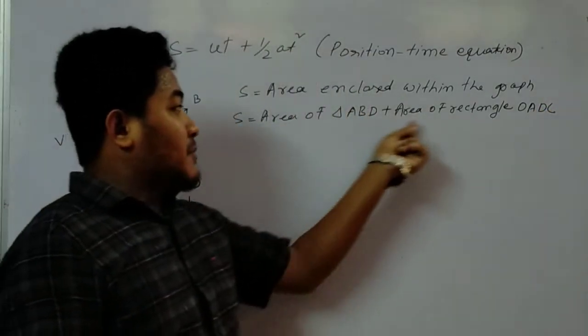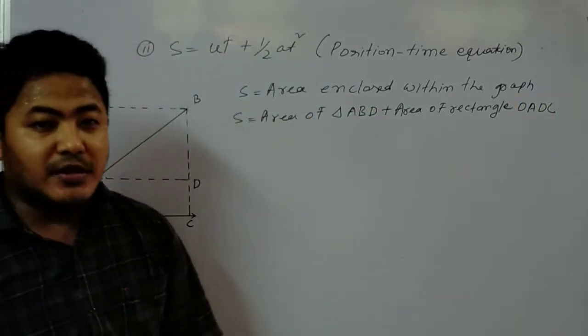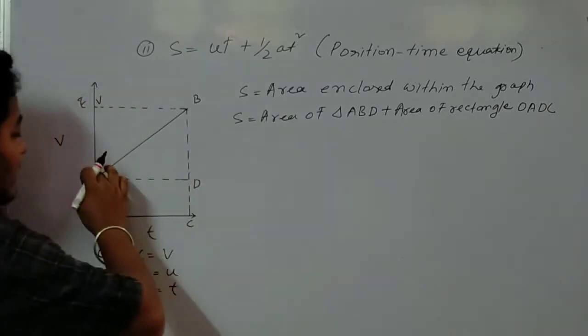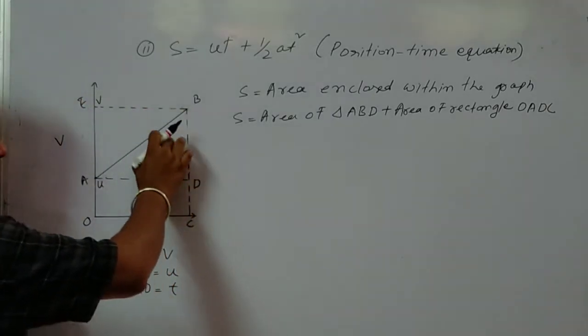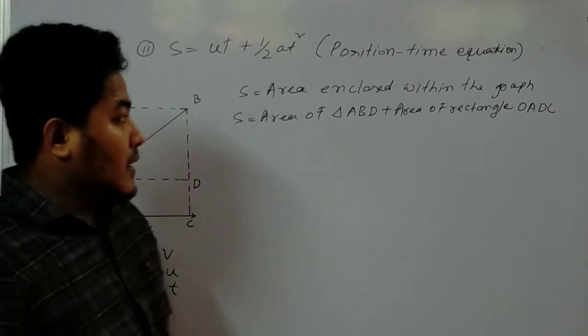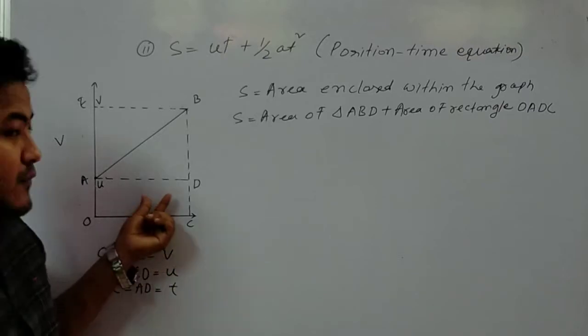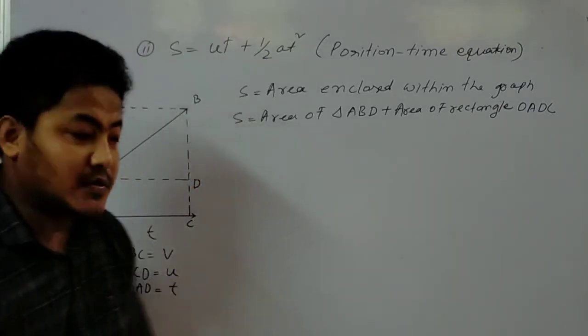If we add these figure values, then I can find the position as well. So first of all, you should be clear which is the triangle. Triangle ABD, we have to find the area of it. Then again rectangle OADC, we have to find the area of it. Then we have to add them.